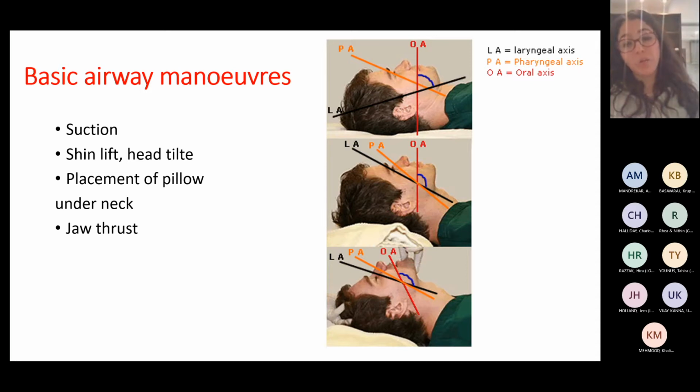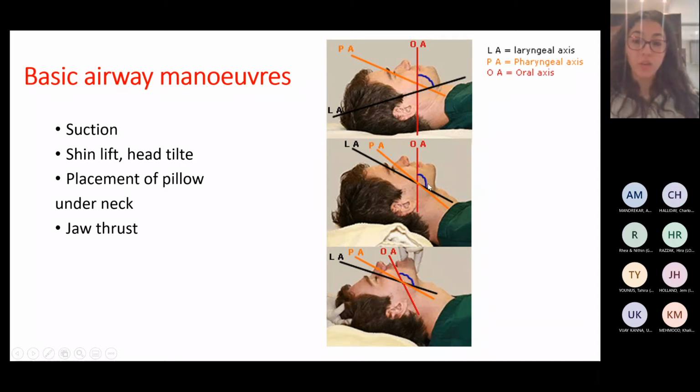You can combine it with putting a pillow under the neck. That would provide extension of the neck and open the airways more. As you can see in the second picture here, if you compare this angle with the first picture, the blue angle has opened, and this means that our airway has also opened and is better than initially.